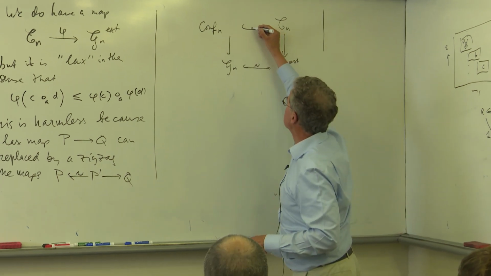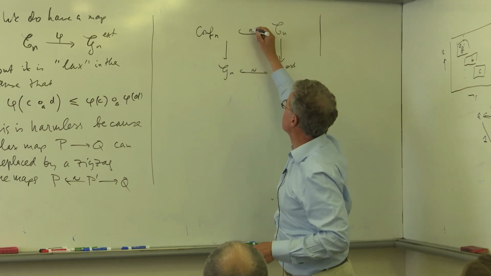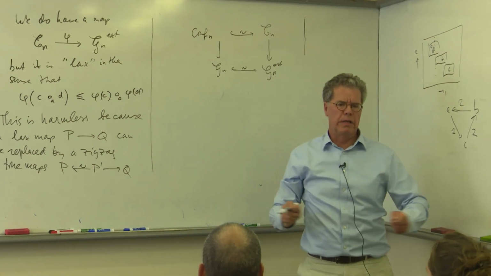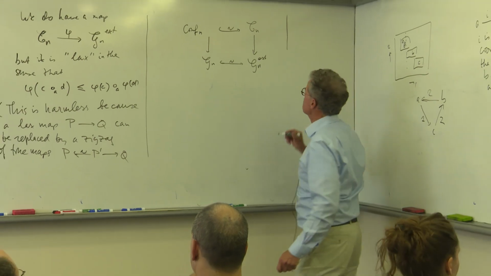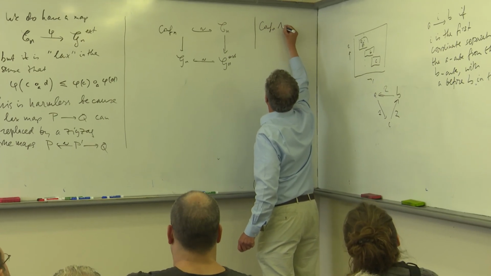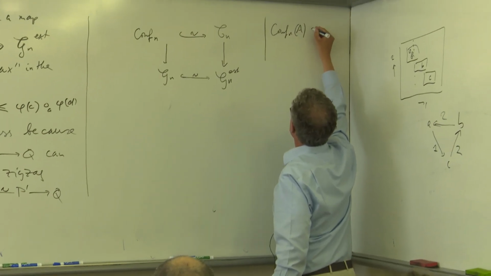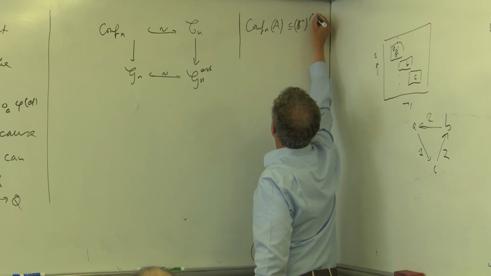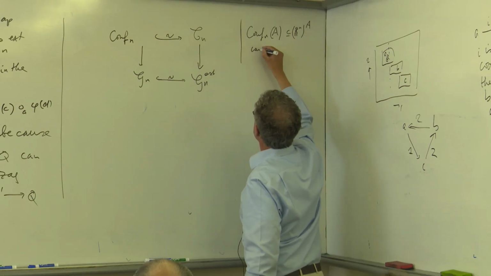This is also a homotopy equivalence, because we talked yesterday about the fact that you can always shrink or expand the size of the cubes. That's less important. So Conf_n of A inside (R^n)^A is the configurations of distinct points.